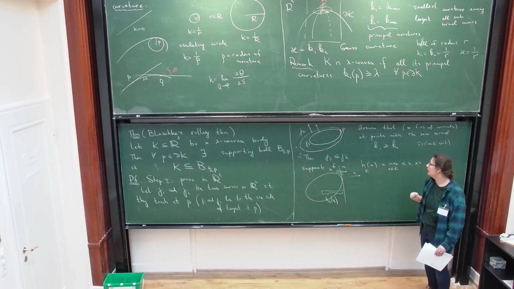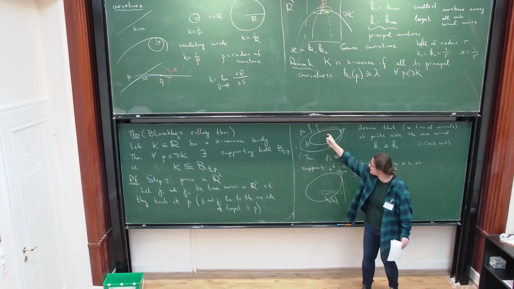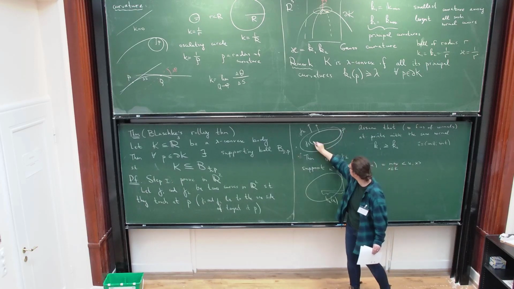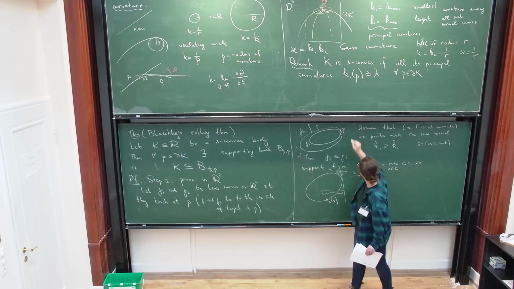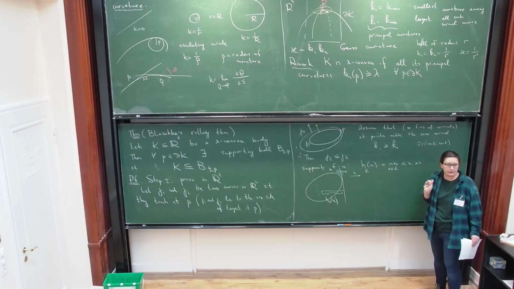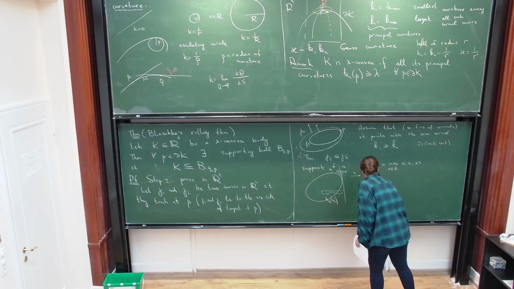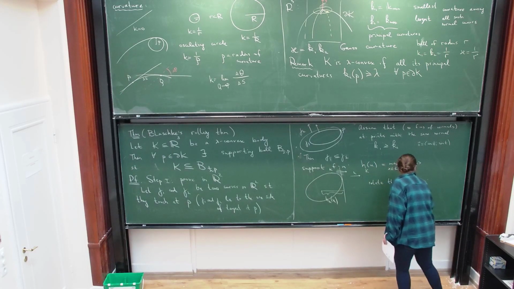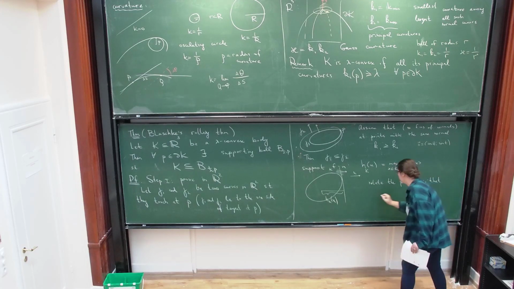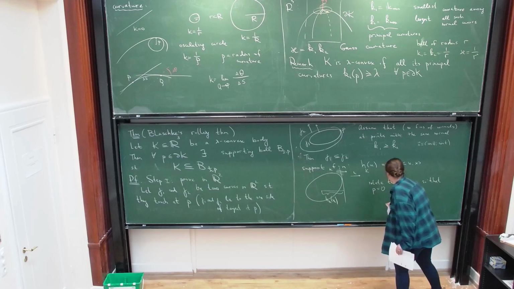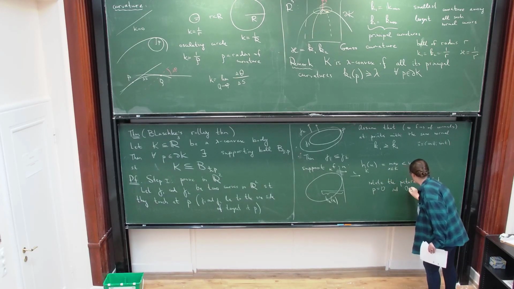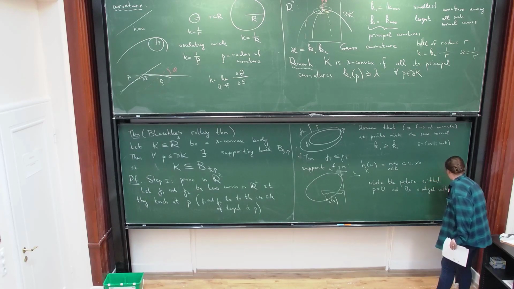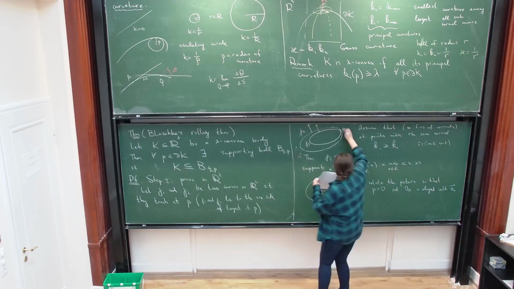And I can always rotate my picture in such a way that I choose p to be the origin and the x-axis aligned with the normal vector at this point p.